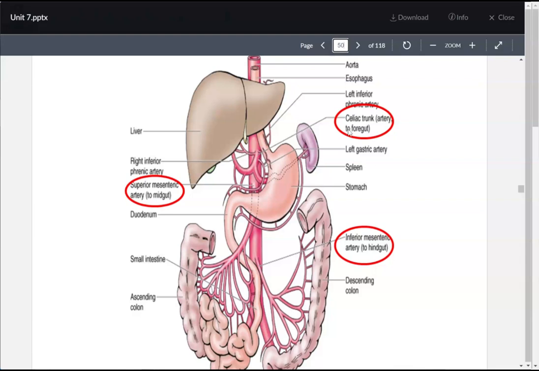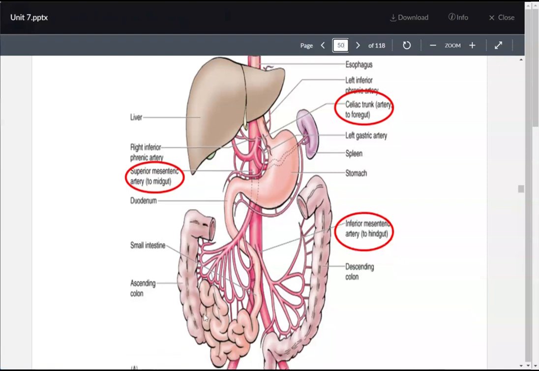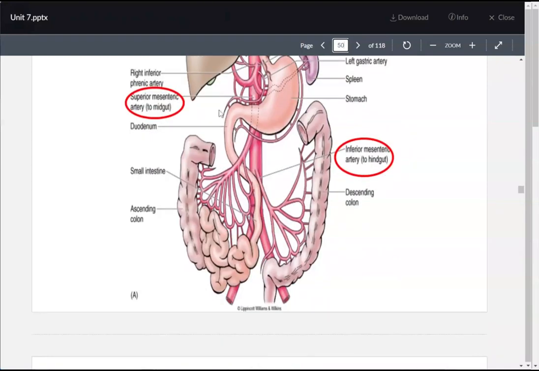For instance, we're going to have the superior mesenteric artery, which is going to branch towards the mid-gut. What's going to be controlled by the mid-gut artery? Your intestines, specifically the small intestine and the ascending colon.